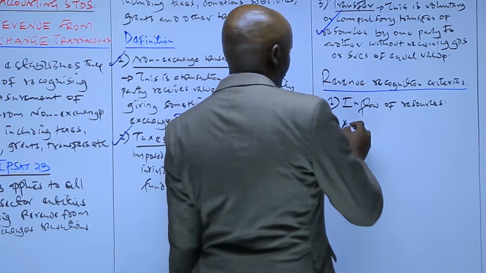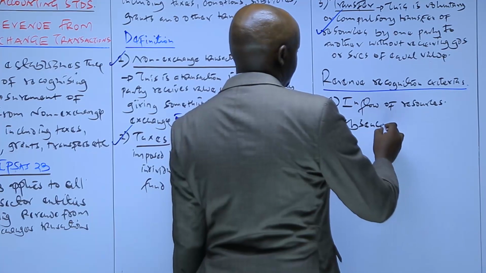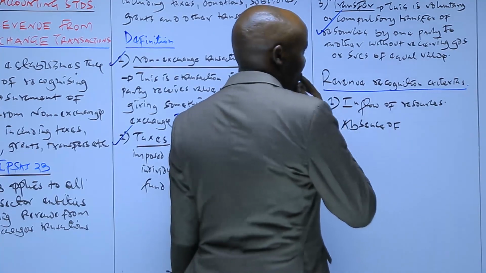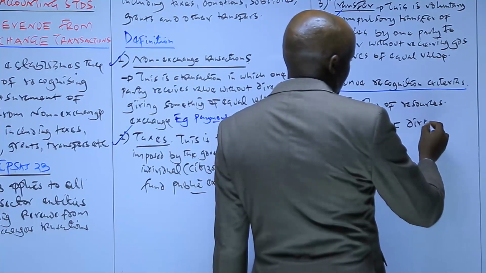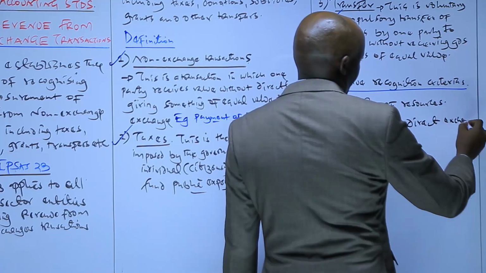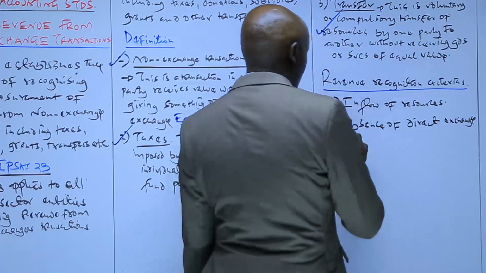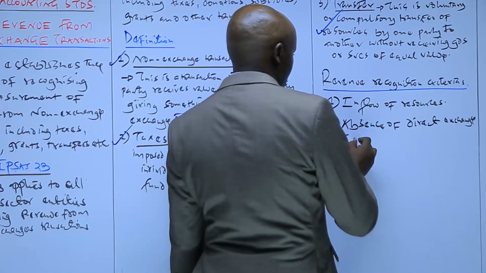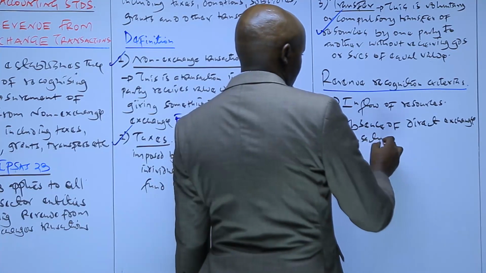And number two, we talk of absence of direct exchange transaction.